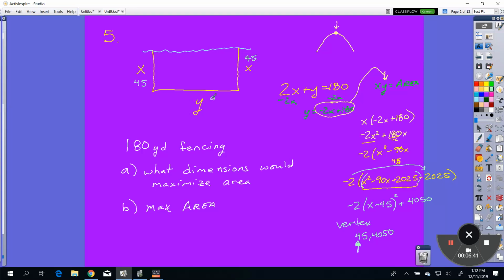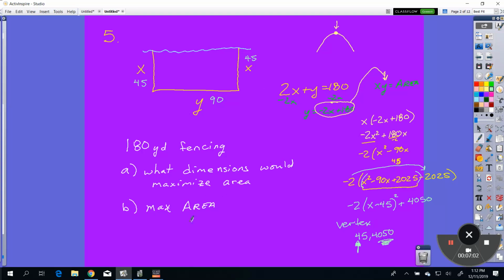Which means this y has to be 90 because there's 180 yards of fencing. So 45 plus 45 is 90, plus 90 more makes 180. Now, what dimensions would maximize the area? We've given the dimensions, and this gives us the maximum area.